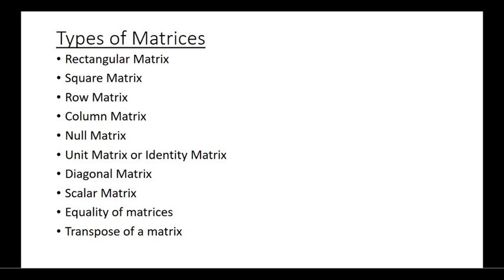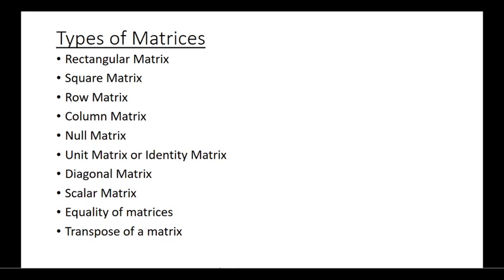For example, there is a matrix A. It contains 2 rows and 3 columns. That means the number of rows is not equal to the number of columns. Such a matrix is called a rectangular matrix.